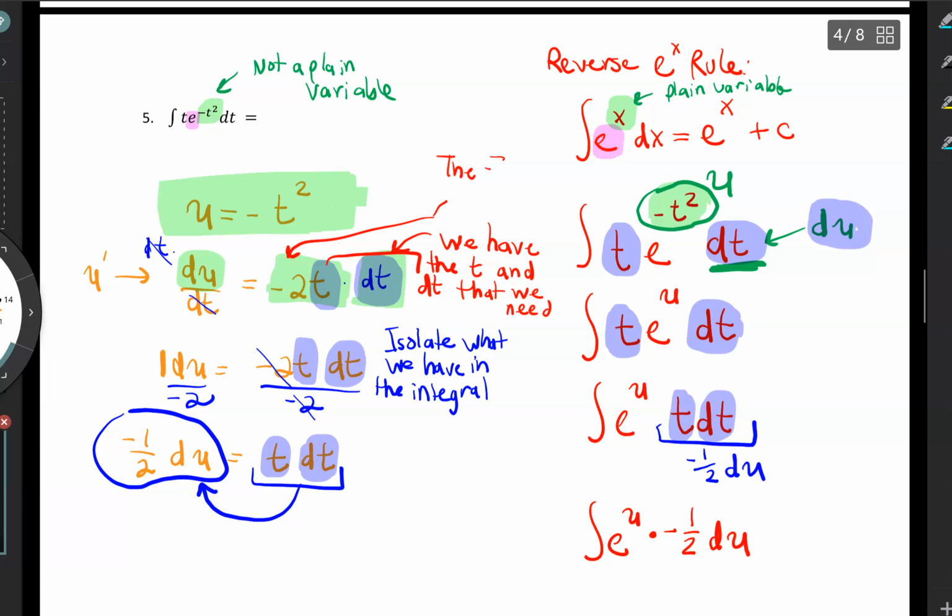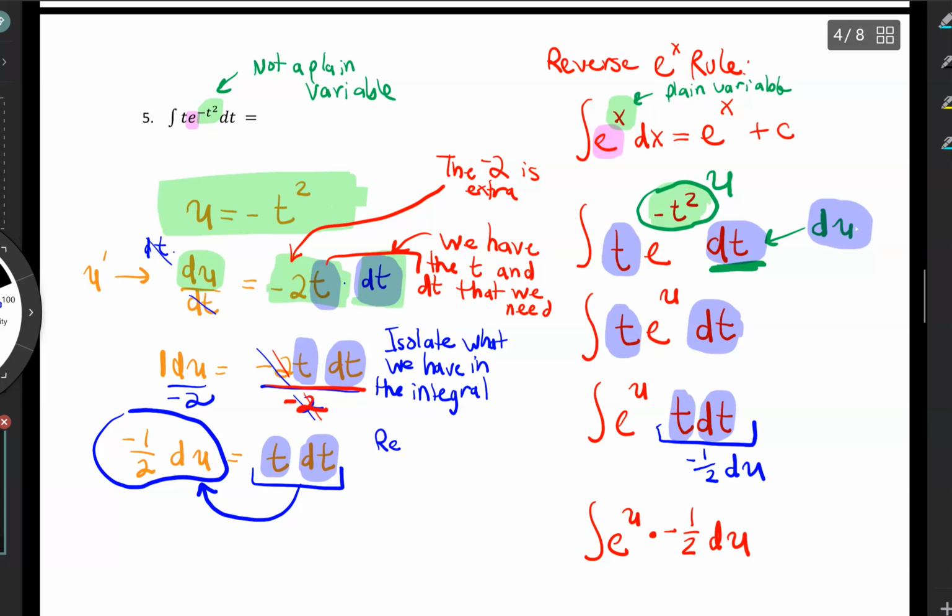The negative 2 is extra. So I just got rid of the extra. And then since the extra is being multiplied, I divided it. Okay, so this extra thing here, I just divided it off. That's what I did right here. And when I divided that off, it left me just the things that I have.